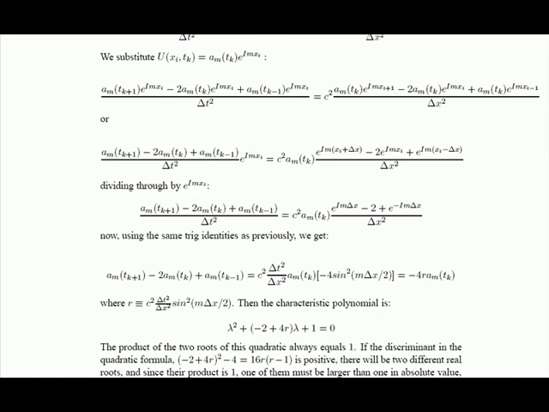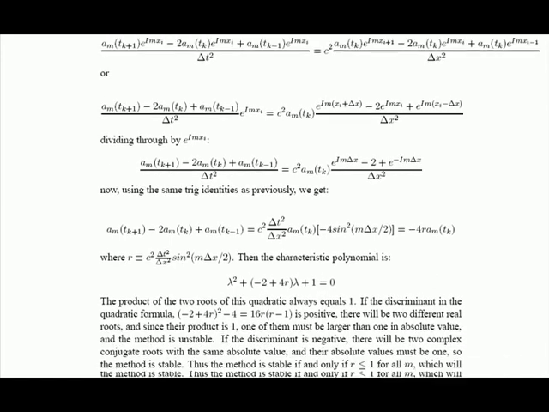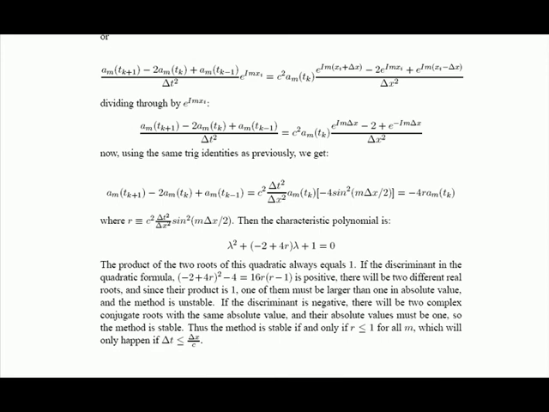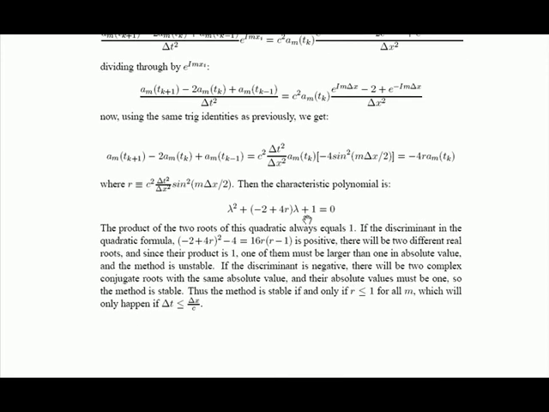Now notice this is second order. It's a quadratic polynomial. So we have to look at both roots. And for stability, both roots for all m have to be less than or equal to 1 in magnitude. So what are the roots of this quadratic? Well, you can simply plug into the quadratic formula and do some algebra, and you'll come to the same conclusion that I'm going to conclude here.